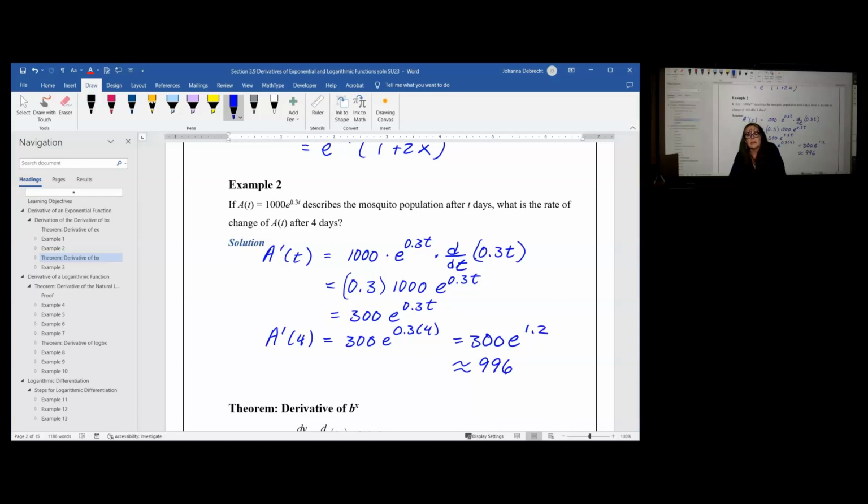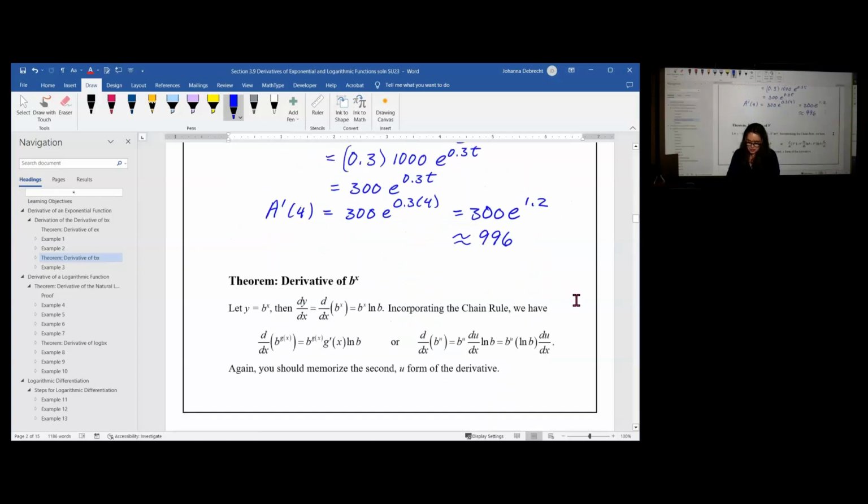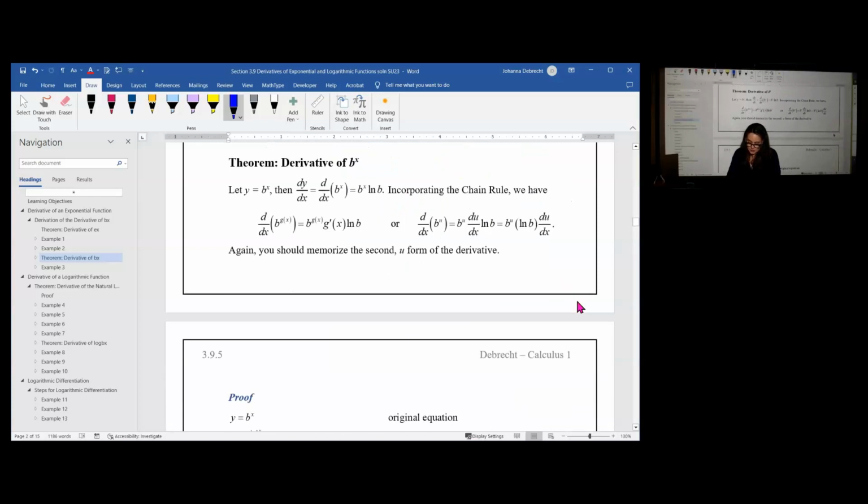What does that mean? That means that on the 4th day, we're adding 996 mosquitoes a day. That's rather alarming. Let's now look at the theorem describing the derivative of b to the x.